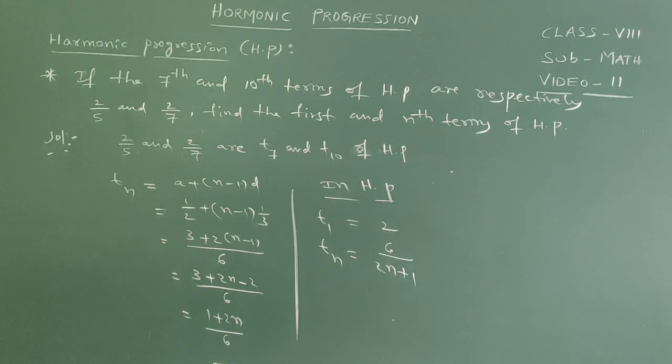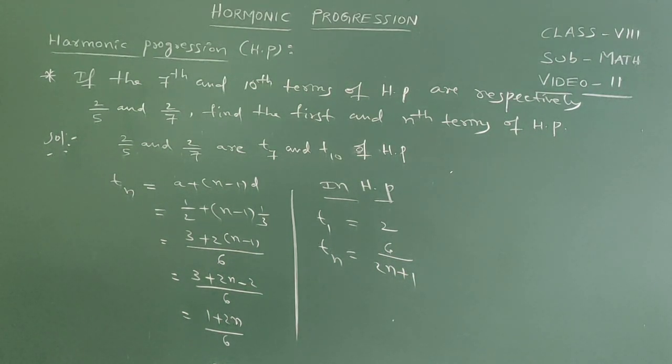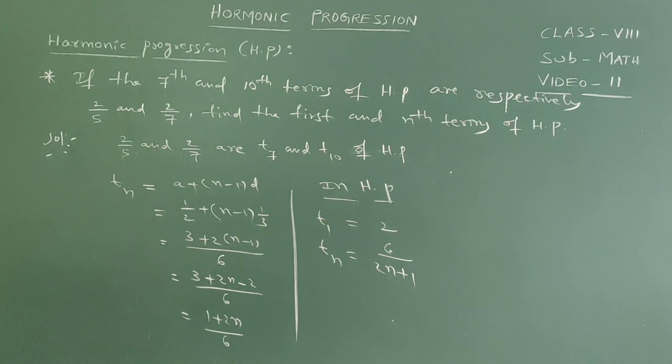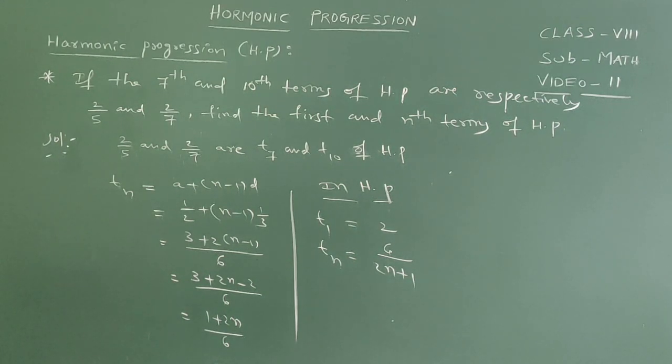The 7th and 10th terms of the HP are given as 2 by 5 and 2 by 7. Already we did these types of problems in the AP, but in the HP, first we need to convert the given terms in terms of the AP, then simplify with the help of the AP. After the simplification, once again we need to convert to their reciprocals. In the AP we got the first term as 1 by 2, that's why in the HP it is 2. In the AP we got Tn as 2n plus 1 by 6, that's why in the HP it is converted into 6 by 2n plus 1.